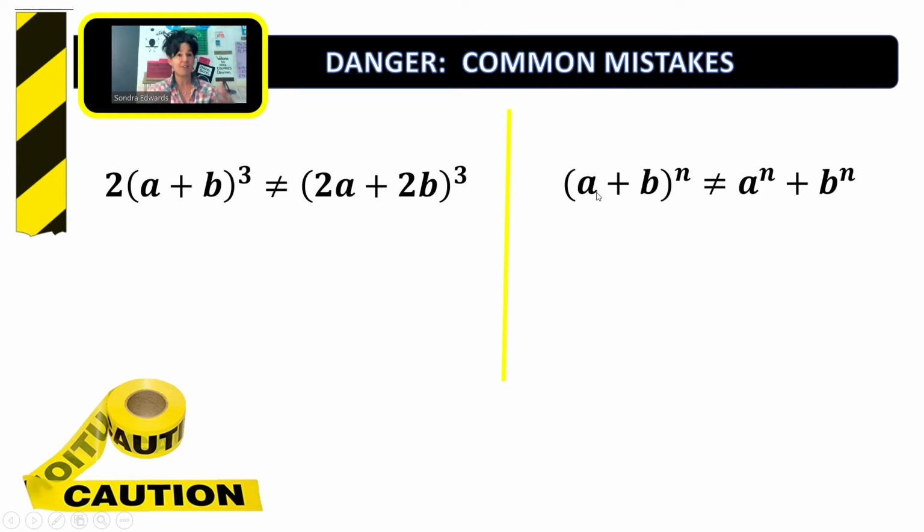If this was a plus b to the second power, you would take a plus b times a plus b, FOIL, and you end up with a middle term. So please remember when there's addition or subtraction inside of the grouping symbols there is no such thing as distributing an exponent. Let's go ahead and get started solving some of these exponential equations using that one-to-one property.